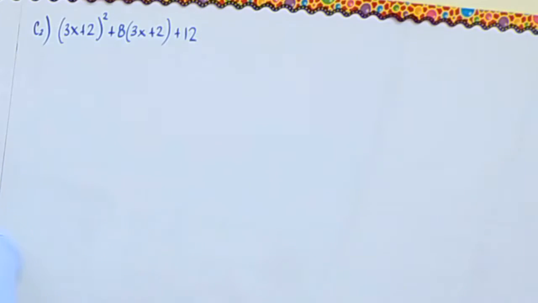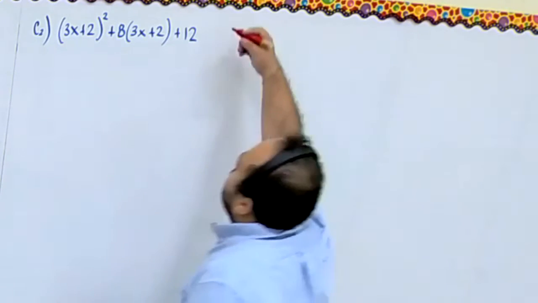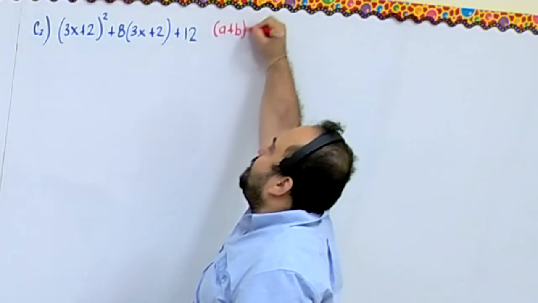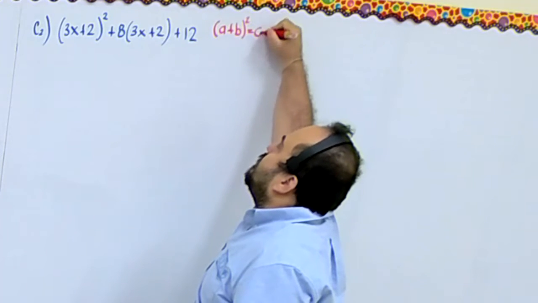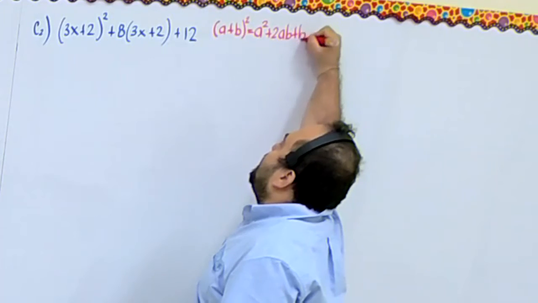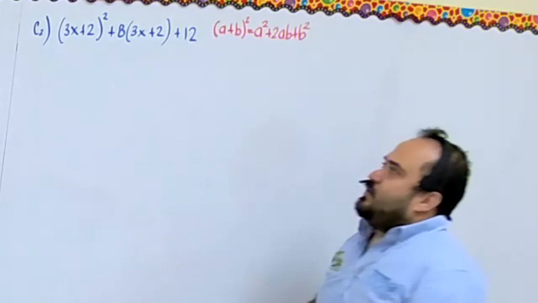Okay, in this situation, if you are thinking, okay, mister, in the first one, 3x plus 2, may I use the special product formula? Yes, this is going to be the first step that we have to do. Remember, the special product formula is given by the form a plus b squared equals a squared plus 2ab plus b squared.